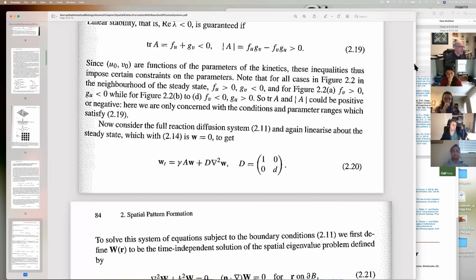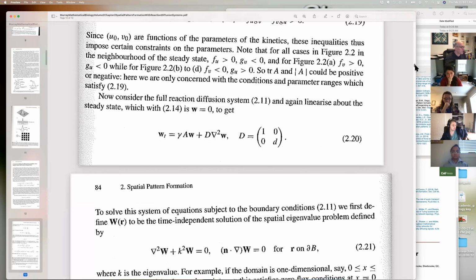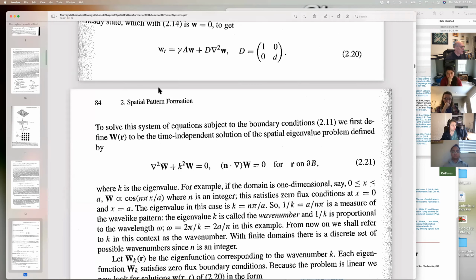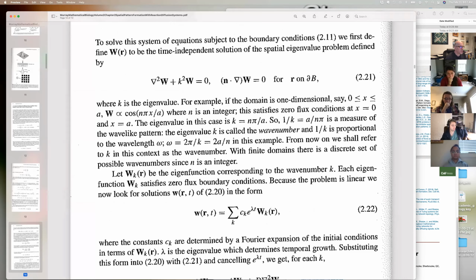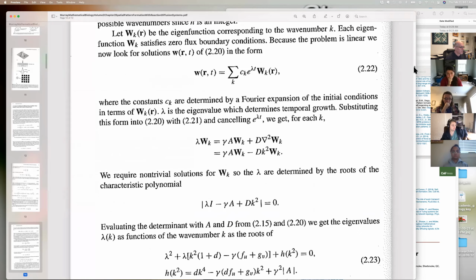W is the spatial and temporal perturbation. You derive an expression that that perturbation solves. Blah, blah, blah.